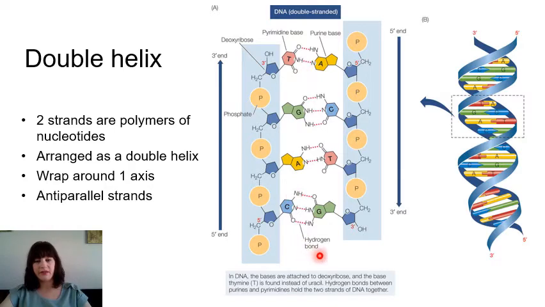As you can see, these are hydrogen bonds. Hydrogen bonds are non-covalent bonds, and if you remember from the beginning of the semester, non-covalent bonds are not as strong. They can be temporary, but if you have a lot of them together, they can be quite strong.